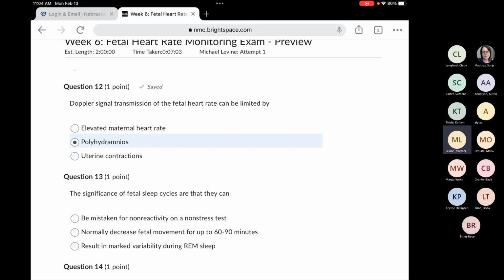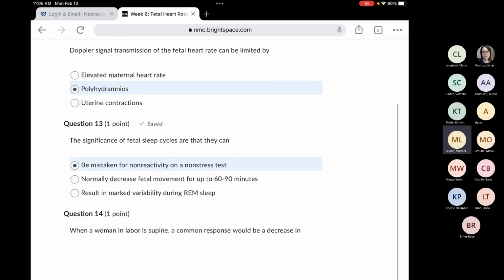So the important thing is that we understand that it should not be mistaken for non-reactivity on a non-stress test. And the way to change that would be to use either a stimulation like sound, a vibroacoustic stimulation, or scalp stimulation, or making a noise, trying to wake the fetus up.